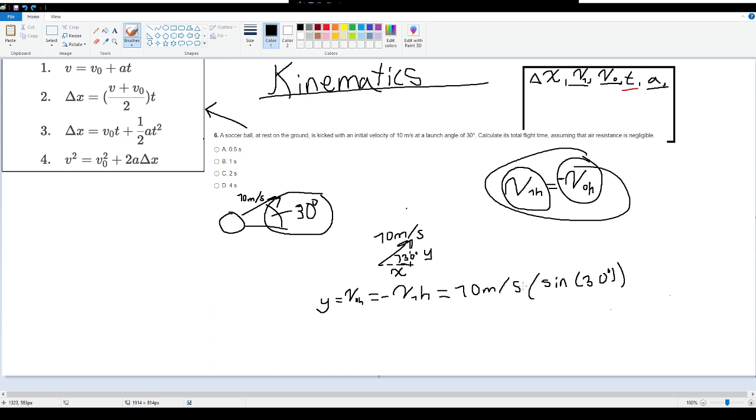and now we can solve, because we have everything. a equals negative 10, t equals question mark. So once again, we're looking for the formula that doesn't have delta x, which is formula 1. So we have V equals V0 plus at. This time we are solving for t, so we have V minus V0 over a.